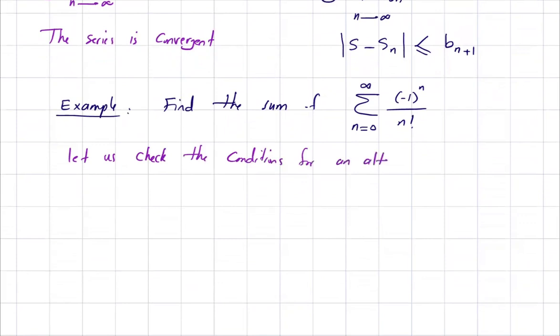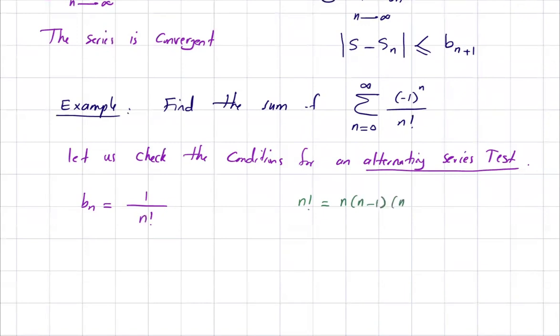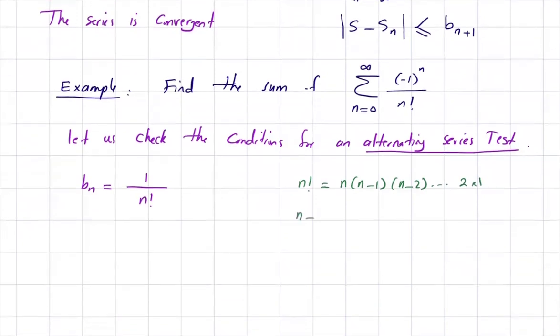for an alternating series test. So what is our bn here? bn is equal to 1 divided by n factorial. From algebra, we know that n factorial is nothing but n times n minus 1 times n minus 2 dot dot dot 2 times 1. At the same time, we know that n plus 1 is more than n.